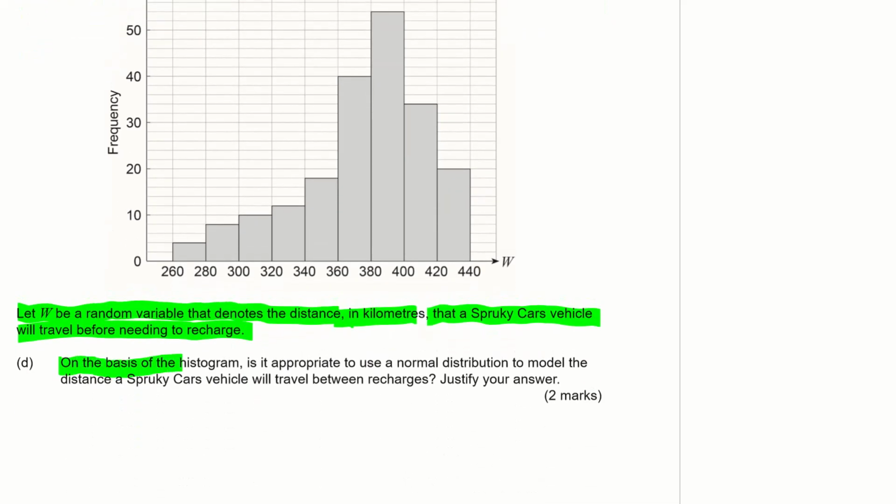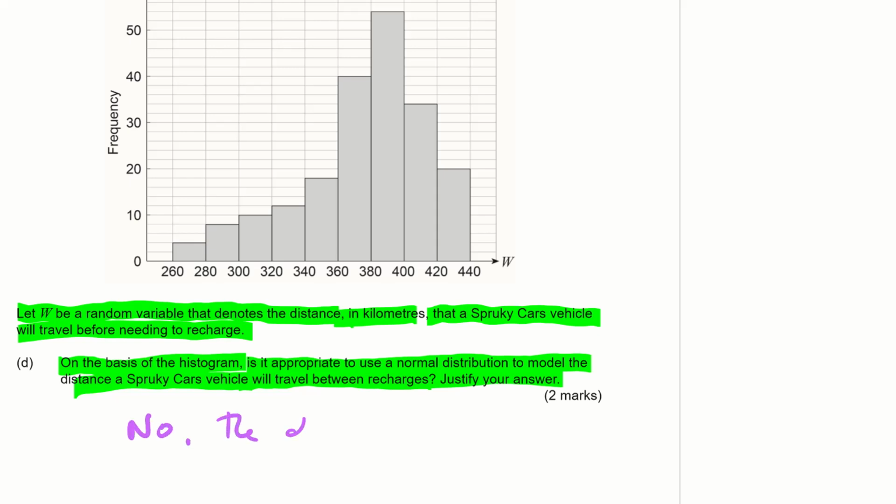On the basis of the histogram, is it appropriate to use a normal distribution to model the distance a Spruky Cars vehicle will travel between recharges? Justify your answer. Well, no. The distribution is skewed or not symmetric. That would do for that one.